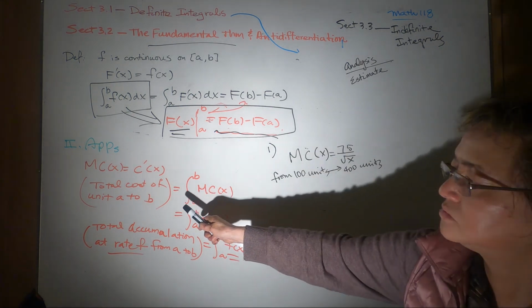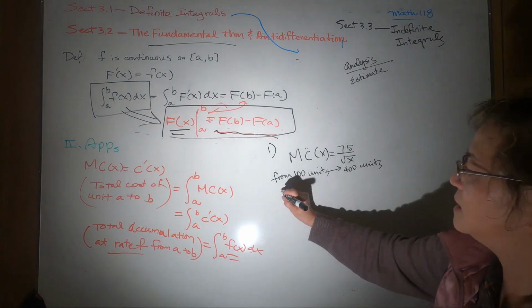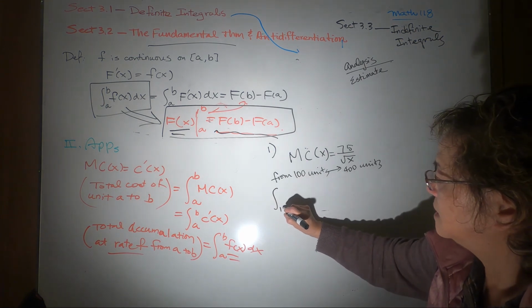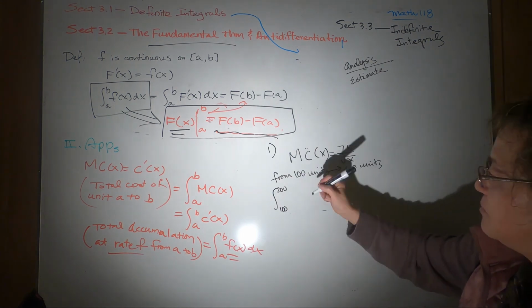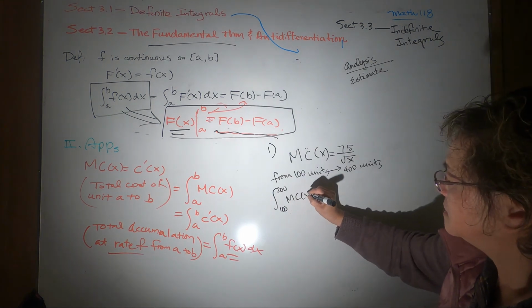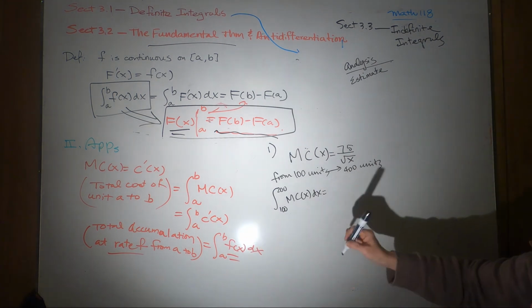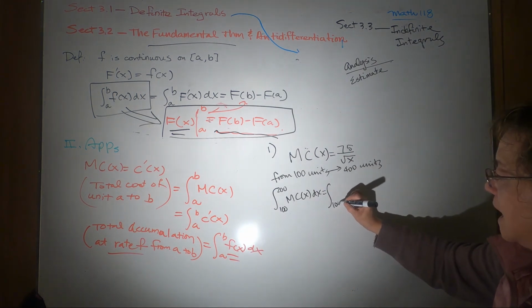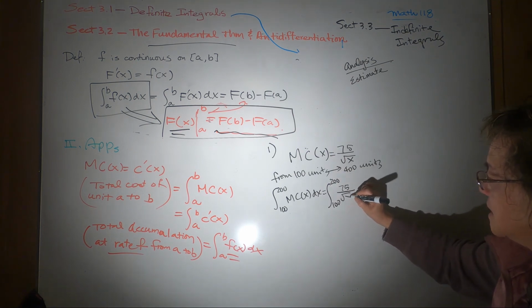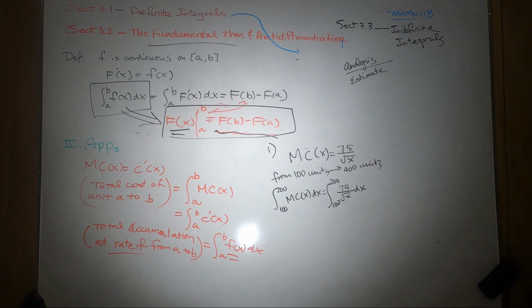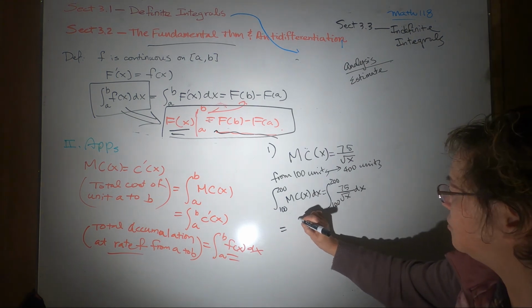So according to this, total cost from unit A to B will be what? You do this, 100 to 200, then the marginal cost function, then you do antiderivative. That's what it's saying. So you do 100 to 200, then 75 square root x dx, right? Then we do antiderivative, you will write what?